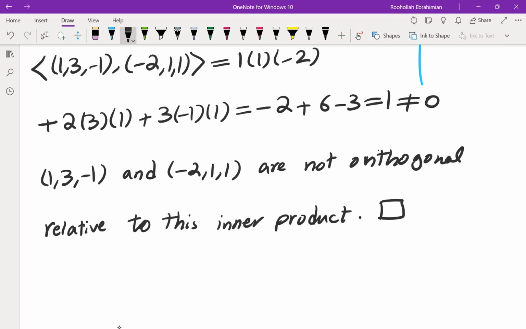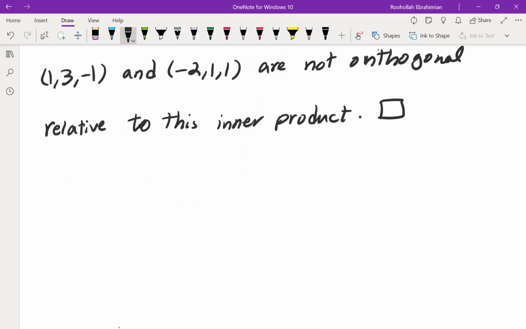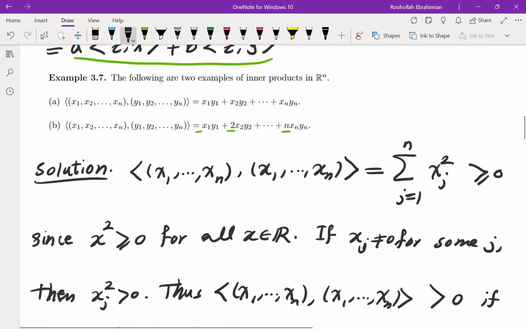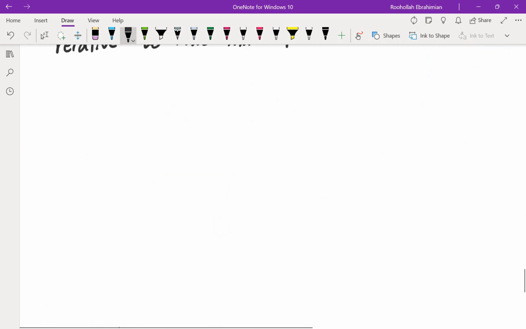So it could be that two vectors are orthogonal with respect to one inner product, but not orthogonal with respect to another inner product. It really depends on the inner product. Orthogonality is not inherent to the vectors; it is in relation to a particular inner product.